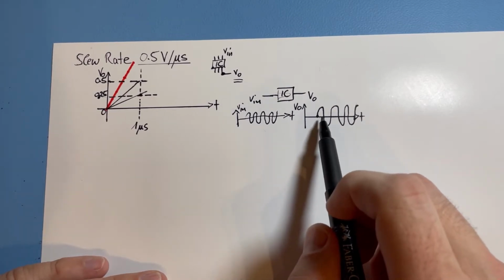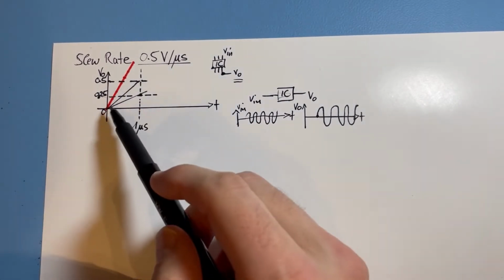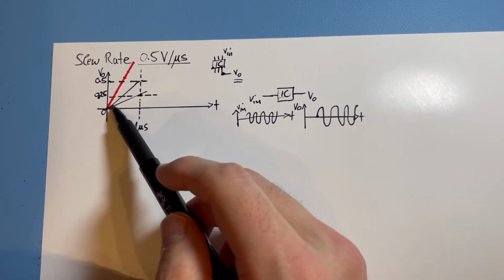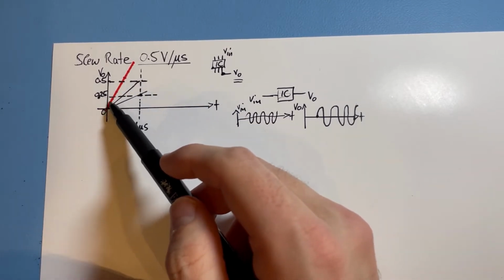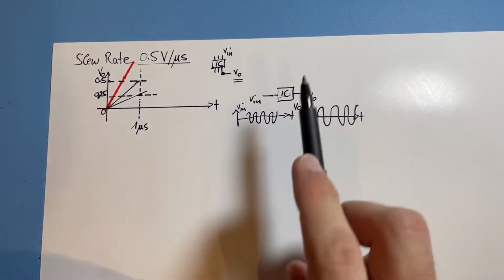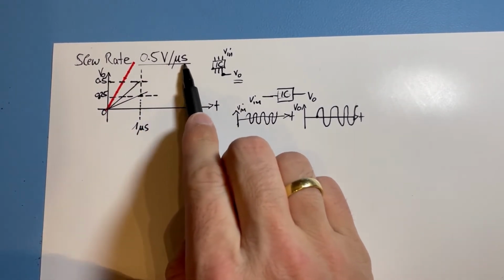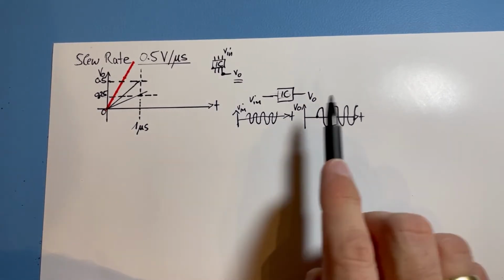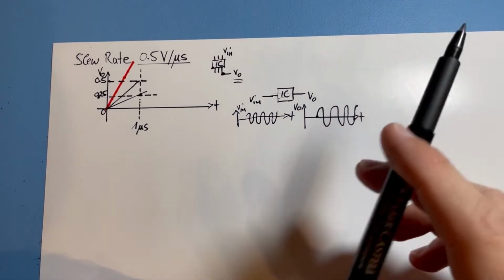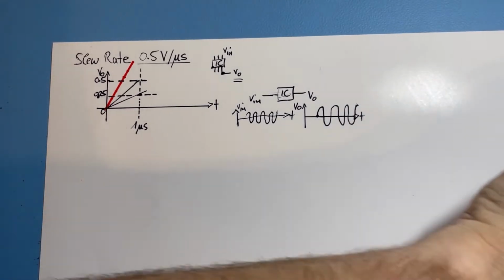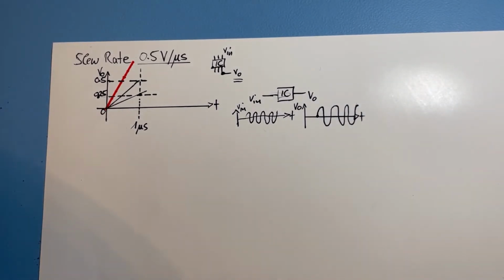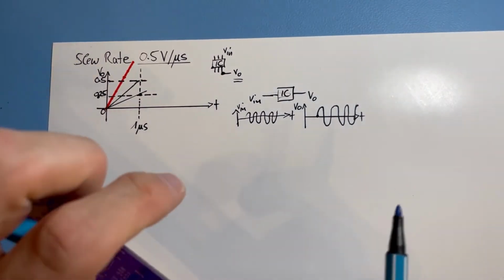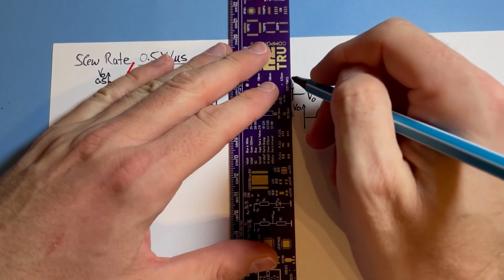And then the question is, I understand how 0.5 volts per microsecond limits the linear rise of the voltage over time, but what does 0.5 volts per microsecond linear rise time have to do at all with such a sine wave? And as we specified more clearly, what does 0.5 volts per microsecond have to do with the output sine wave?